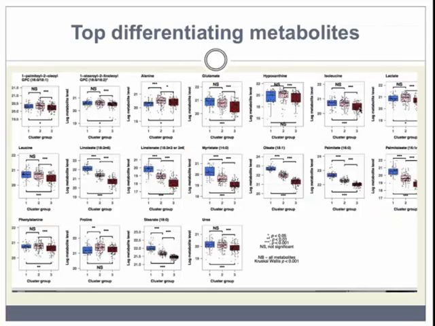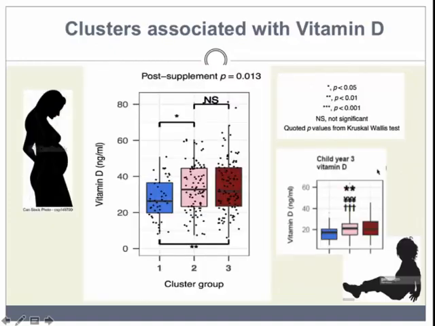And when we look at this, what was actually astounding is when we look at the individual metabolites, we just see this very distinct difference in mean levels of these metabolites in the 3 groups. Very consistently, all of these N-6 fatty acids are very high in group 1.